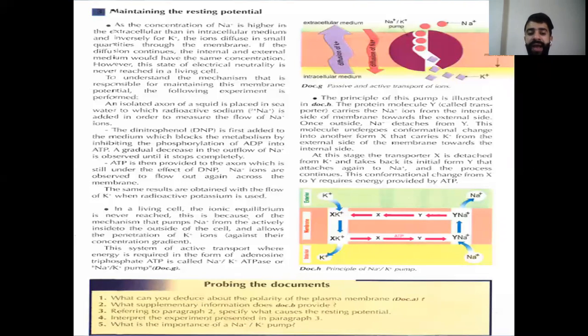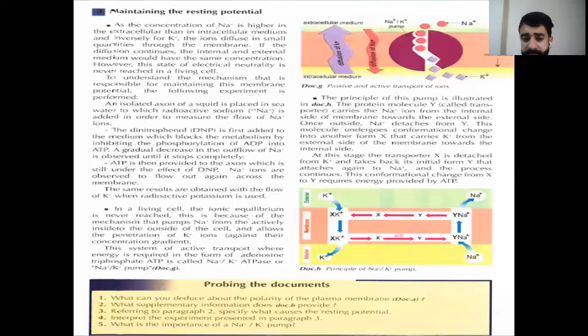This is called active transport, where energy is needed for the transportation of the ions inside or outside. K plus enters and Na plus moves outside through the Na plus K plus pump, and they need energy. This energy is in the form of ATP, adenosine triphosphate.